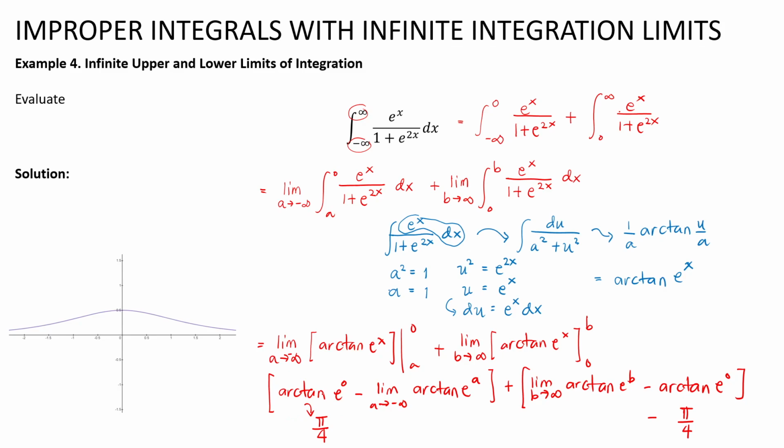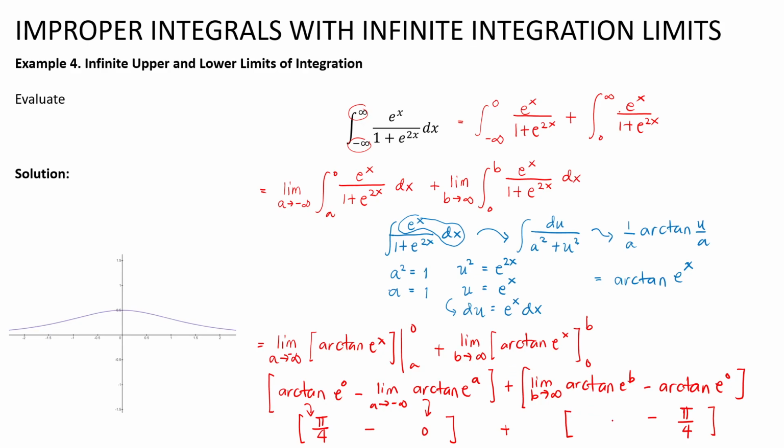So for the limit of a approaches negative infinity, e raised to a very large negative number will give you 0. So pi over 4 minus 0, and then plus, e raised to a very large positive number. So let's say e raised to 9999. If you use many nines, it will give an error, so I think up until 2 nines only. So this will give you a very large number, 9.89 times 10 raised to the power of 42.